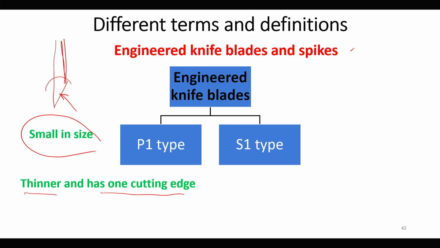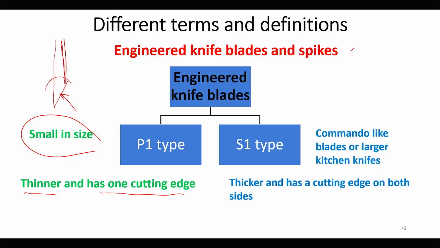On the other hand, S1 is a commando-like blade or larger knife, it is thicker than P1 and it has two cutting edges, both sides. Here it is a cutting edge. So, we must test with both the P1 type knife and the S1 type knife.